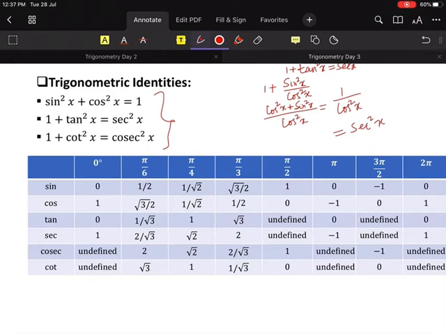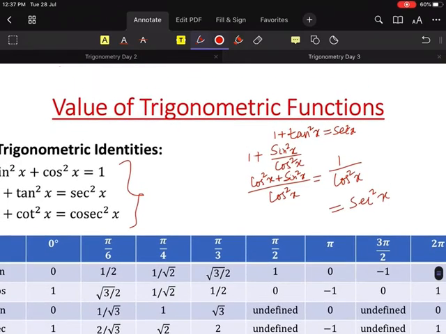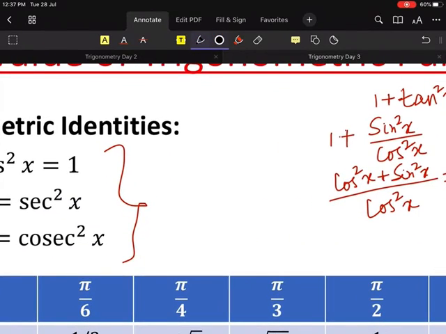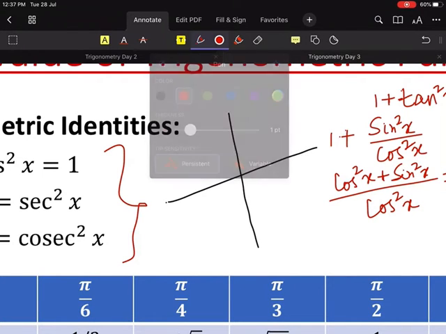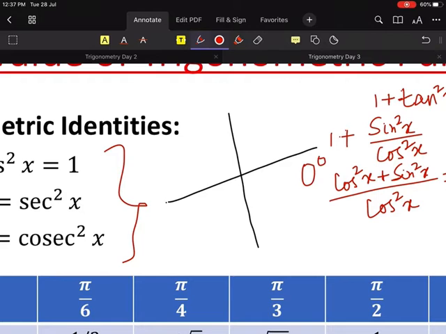Okay, now let's discuss the values of the trigonometric functions. Now let's start with sine 0. How much? Sine 0 how much, guys? 0. Just because you can see 0 or you know 0? You know 0? 0 degree, 90 degree, 180 degree, and this one is 270 degree.